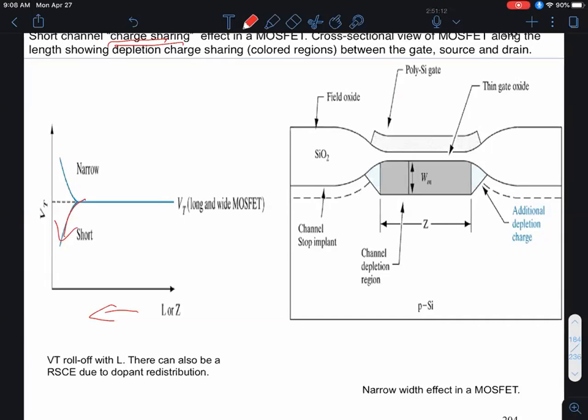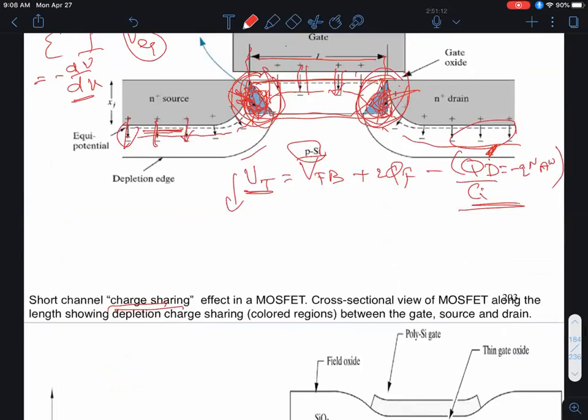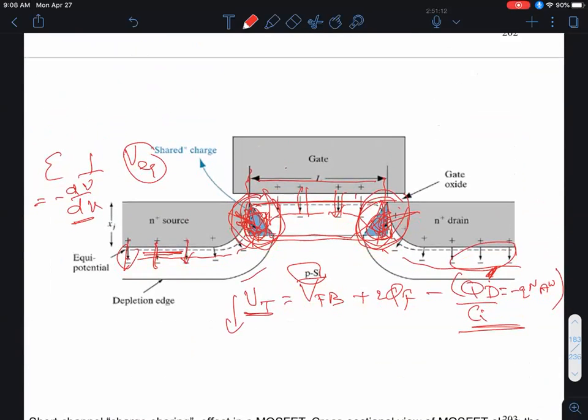Now notice the similarity in the physics with DIBL, but the difference is also there, right? As in DIBL, you have field lines which have this two-dimensional characteristic near the ends, but the physics is different. In the case of DIBL, that was caused by the drain voltage VD rising. In the case of charge sharing, it's because of these depletion charges having field lines terminating on the source and the drain.